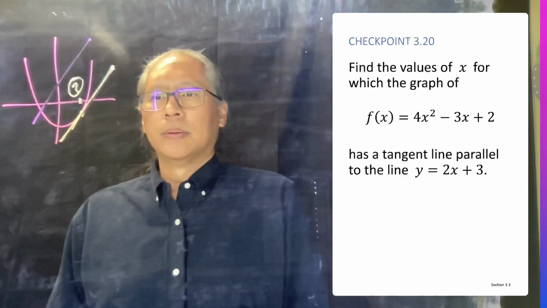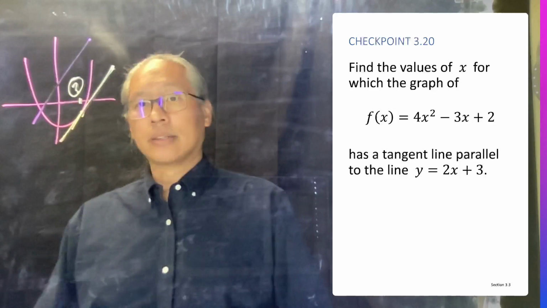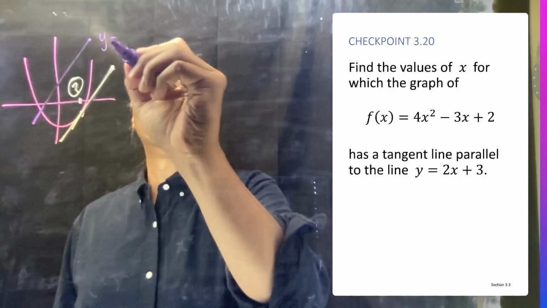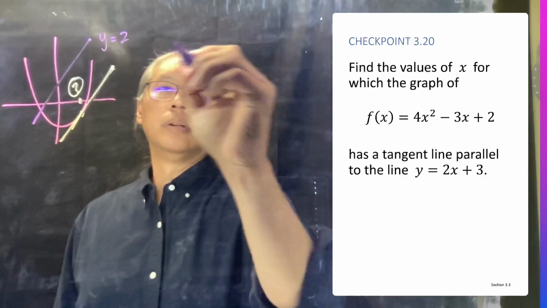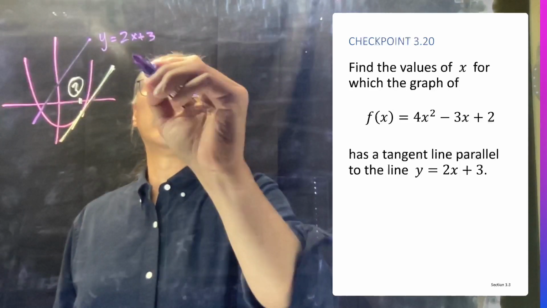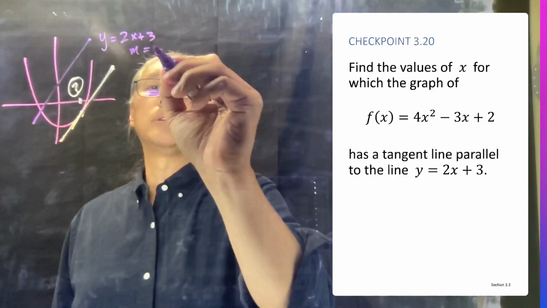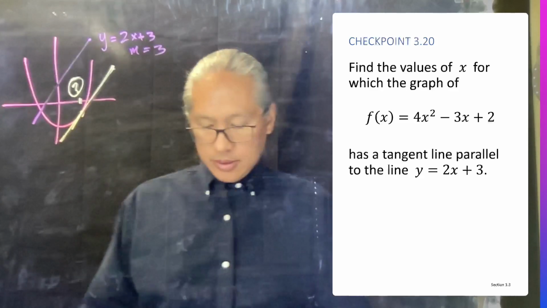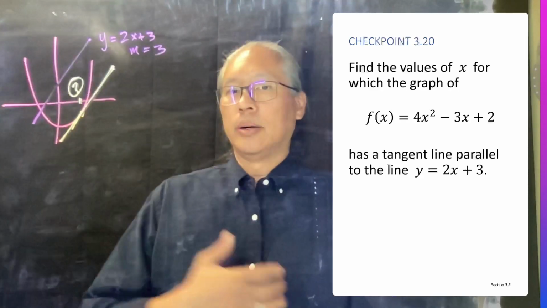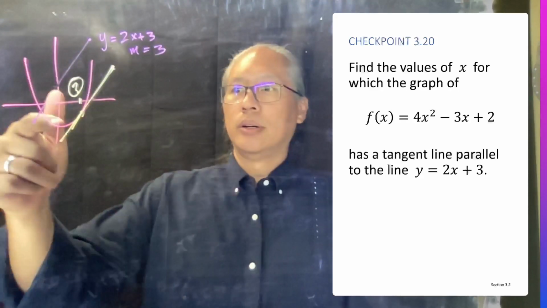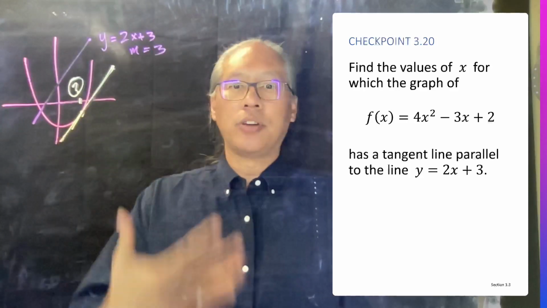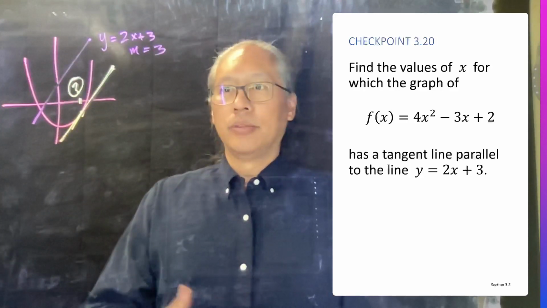Okay, so what we do know about this line, y is equal to 2x plus 3, is that it has a slope m is equal to 2. So what we want to do is say we have the slope of the tangent line as a function in the derivative.